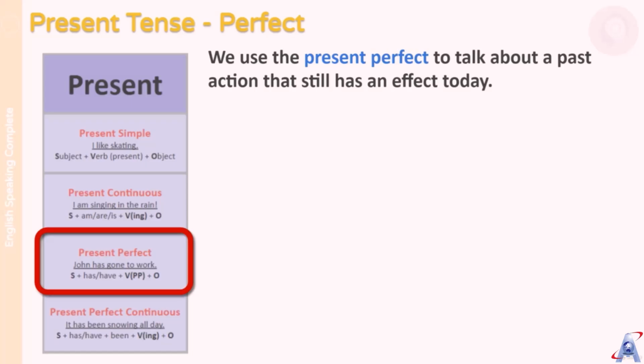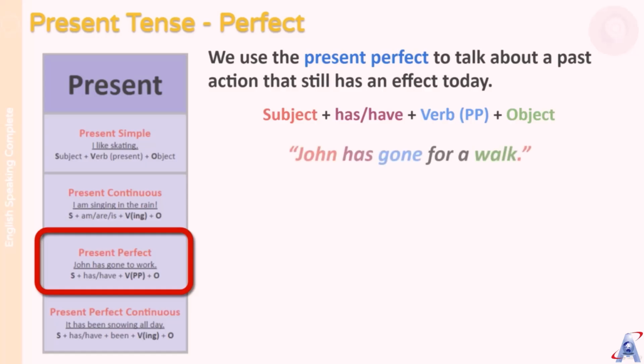He has gone now as well. The effect is he's not here. To make the present perfect, we have subject plus has or have, depending on the pronoun, plus the past participle form of the verb, plus the object. That's the basic structure of the present perfect tense.